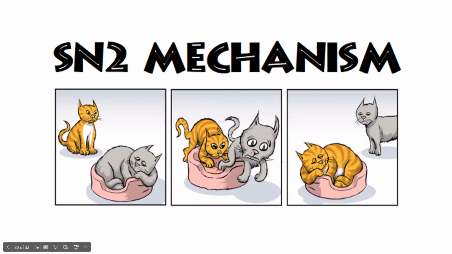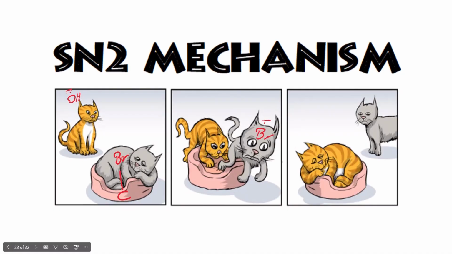Now we were talking about a carbon atom attached to a halogen atom, bromine or chlorine. How is this OH minus going to replace it? The second option: this OH minus can chase away this halogen atom forcefully.